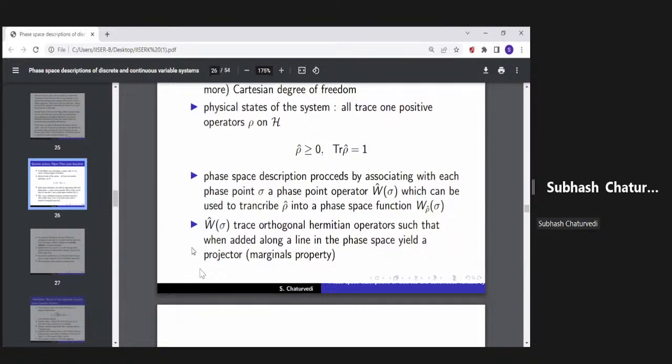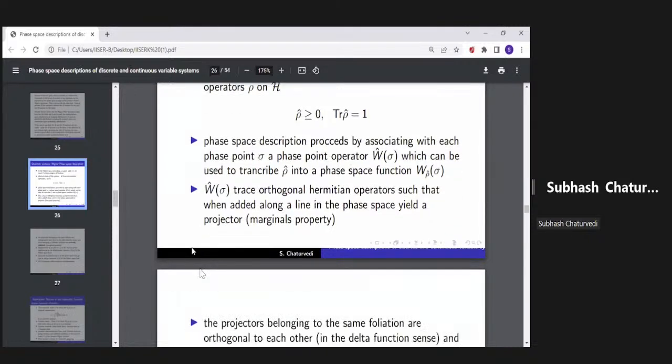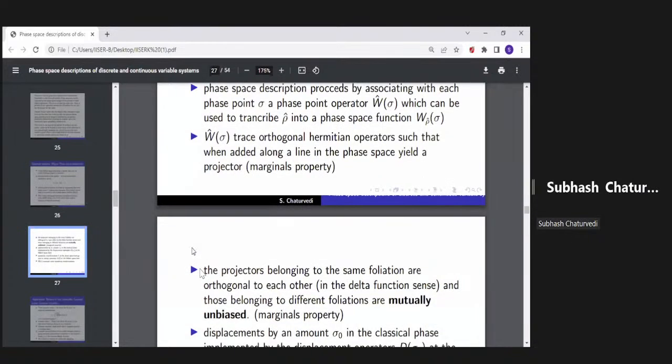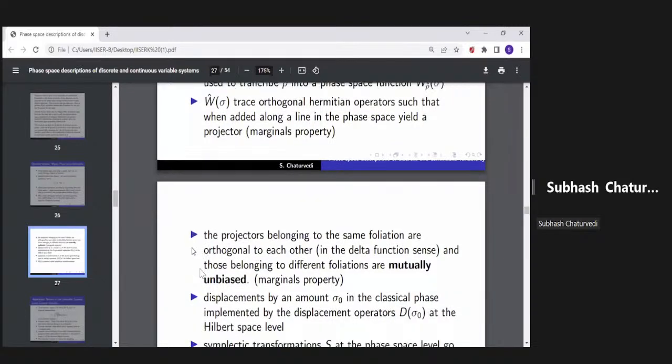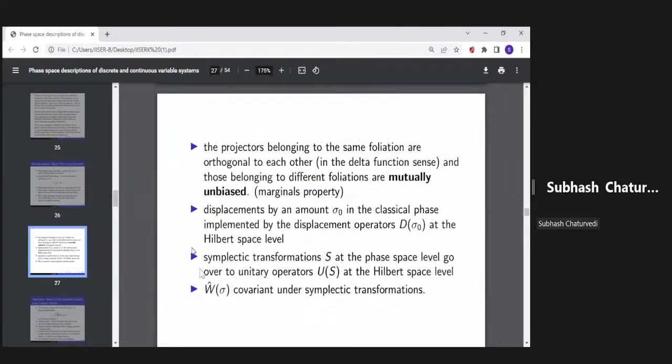W sigmas are trace orthogonal Hermitian operators. They have this marginal property, that is, when added along a line in the phase space, they yield a projector. The projectors belonging to the same foliation are orthogonal to each other in the delta function sense, and those belonging to different foliations are mutually unbiased.